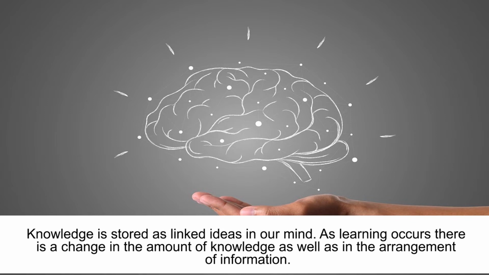As learning occurs, there is a change in the amount of knowledge as well as in the arrangement of information. Now, as you would understand, for a small child the amount of information or knowledge available would be much different to a person who is an adult like you. The amount of knowledge and information available to an adult is much more, and to somebody who is in the digital world it might be much more.